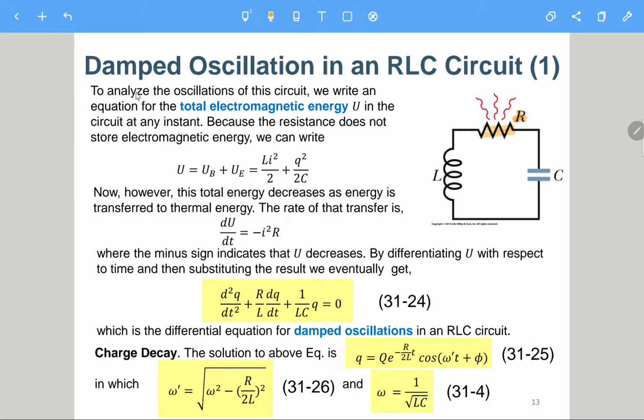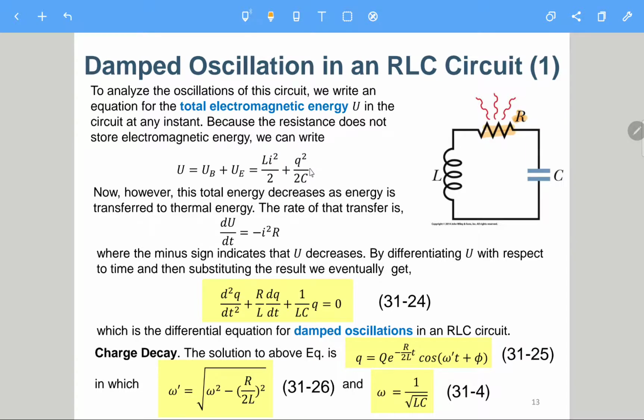So here, to analyze the oscillation of this circuit, we write an equation for the total electromagnetic energy. Like the previous case, the total EM energy will be U equals UB plus UE, which is this one.